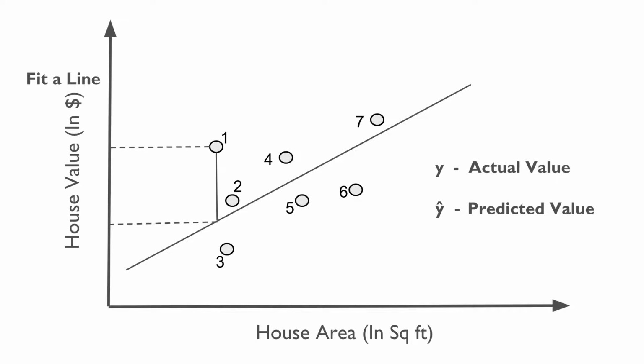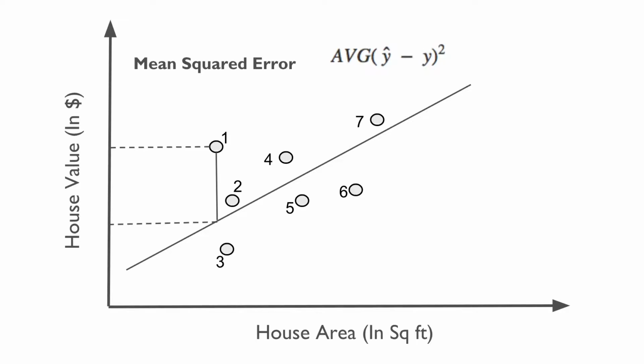Let us say y is the actual value in the training set and y hat is the value predicted by the model. Here, the error in prediction is y hat minus y. To calculate mean squared error, we first square the error in the prediction and then we take the average of the squared error of all the instances in the training set.